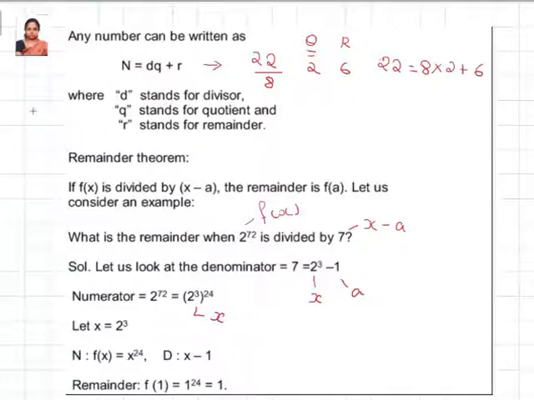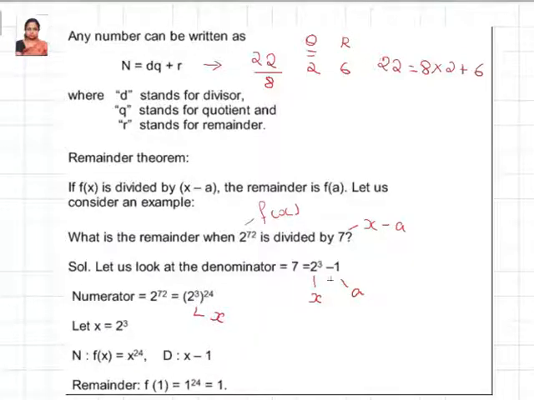Now f of x is x power 24, because 2 power 72 is 2 power 3 to the power 24, and replacing 2 power 3 by x gives x power 24.